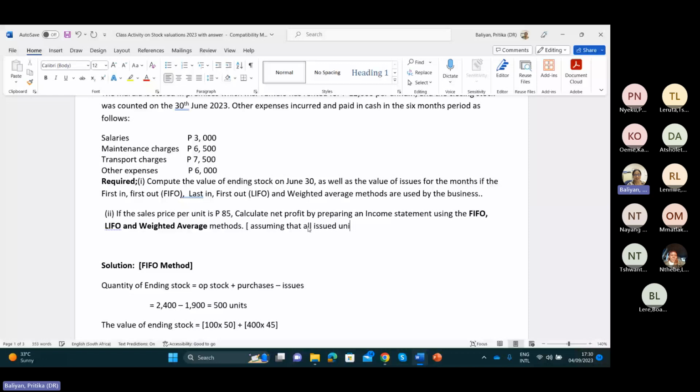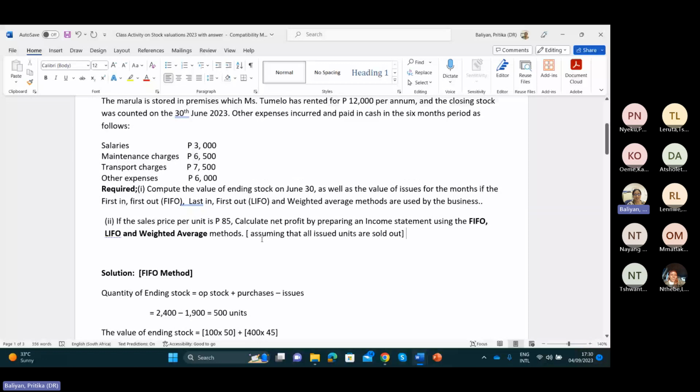So we know that 1.9 units were issued, they are also sold out, and the selling price per unit is 85. So that's how we get that price. Okay, that's how you get it.